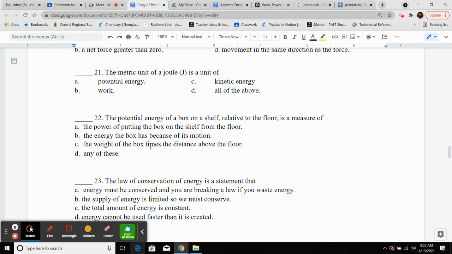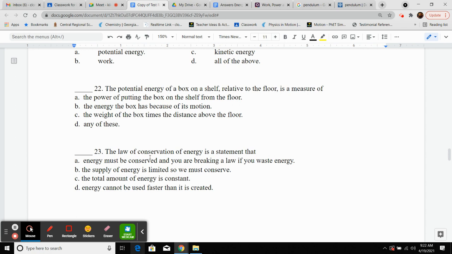You should be able to figure out 22. What about 23? What is the law of conservation of energy? What does it state? It states that energy cannot be what? Use faster than it's created. Well, what was the definition that we used last week?